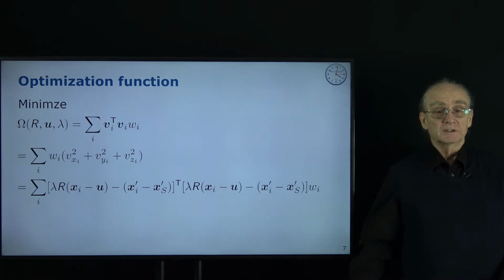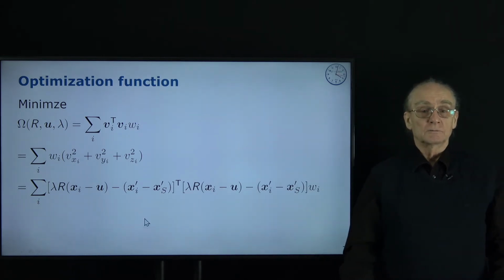Now, what is the task? The task is to minimize the weighted sum of all the residuals. So we have here the residuals, which are in x and y, possibly z. And we have the weighted sum.